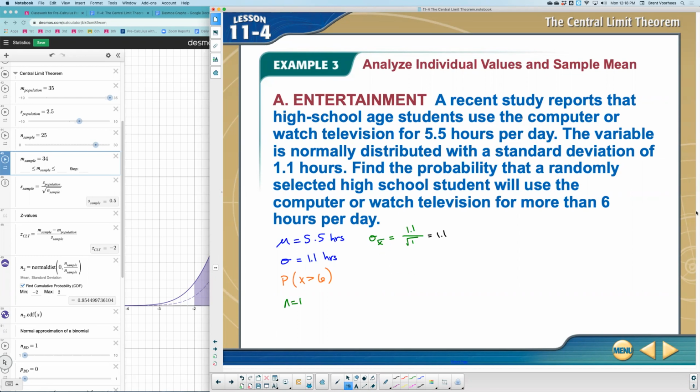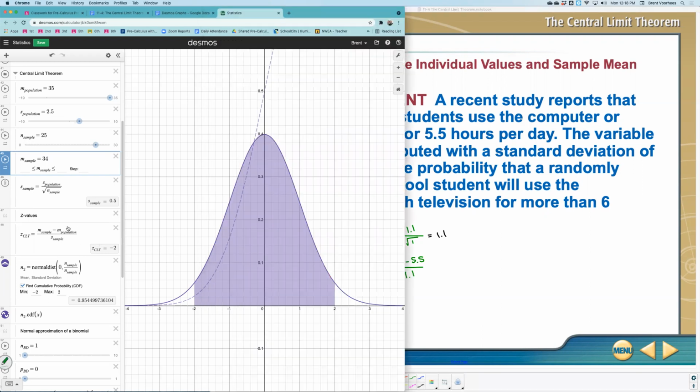So now let's find our z number, our z-score, if you will. The z value is going to equal your sample mean, which in this case we're going to say is 6, minus the original population mean of 5.5, divided by your standard error, 1.1. So 6 minus 5.5 is 0.5, divided by 1.1, and I don't know that number off the top of my head.